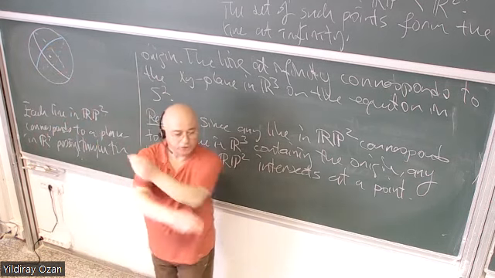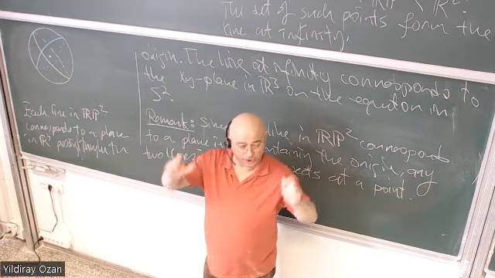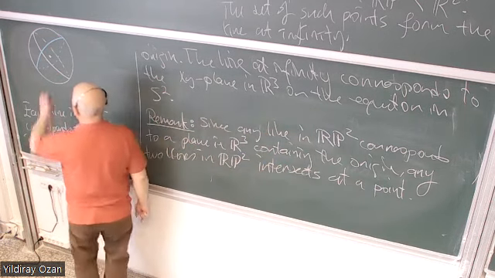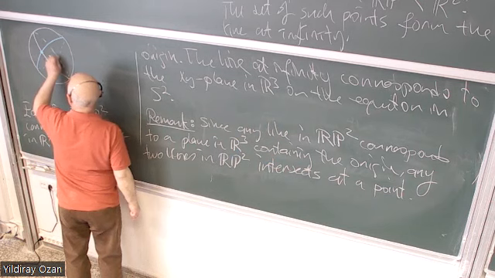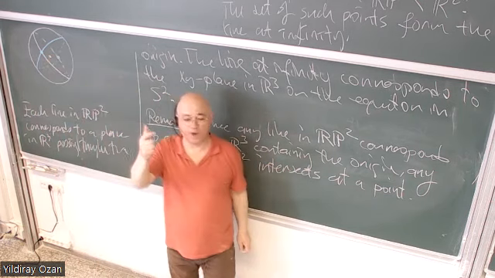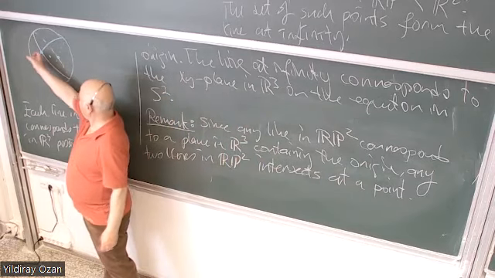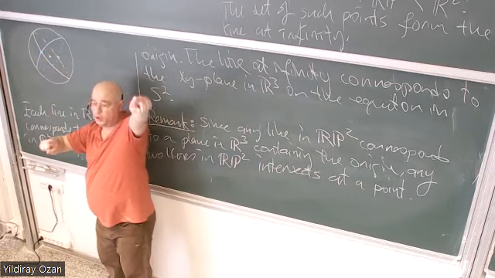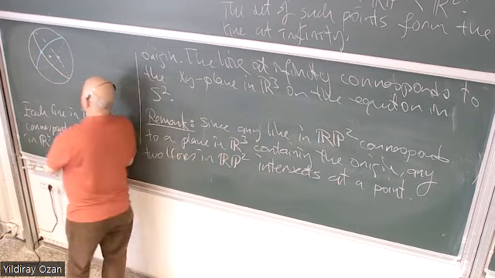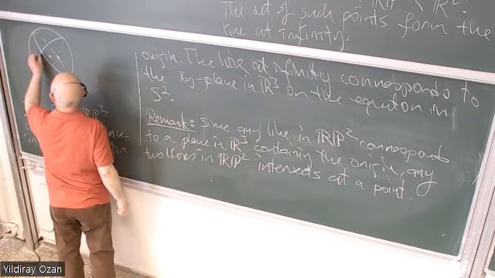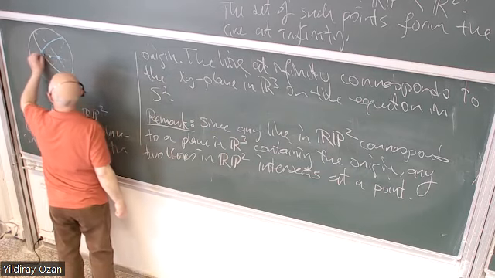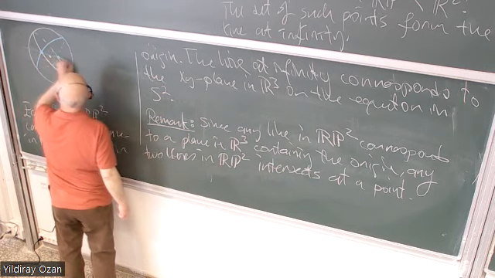If you choose such two great circles, they will intersect at a pair of antipodal points. And these two points, of course, determine a line through the origin, right? This determines a line through the origin.